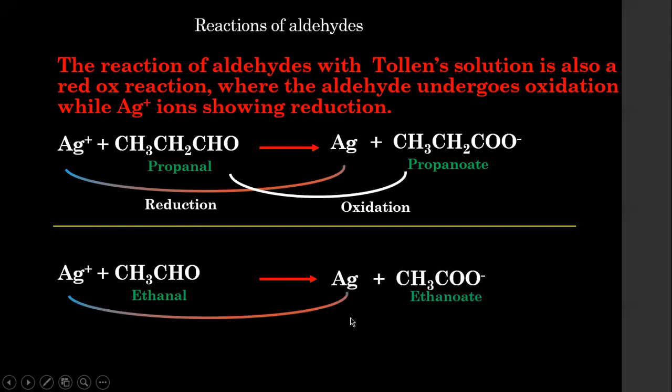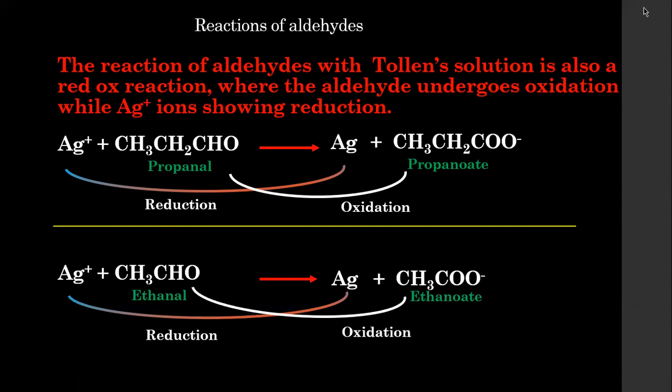Observe it clearly. Silver plus goes to silver in reduction. Ethanal goes to ethanoate in an oxidation reaction. These are basically the reactions happening here.